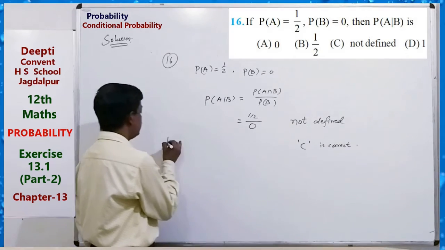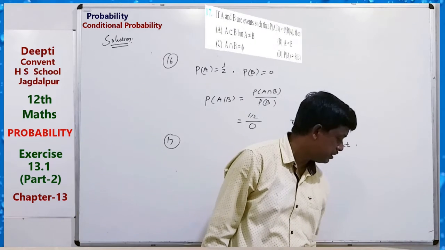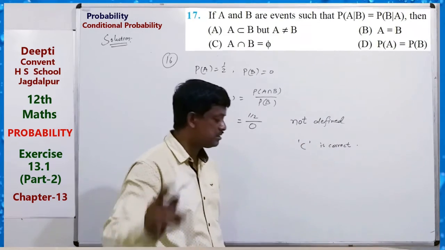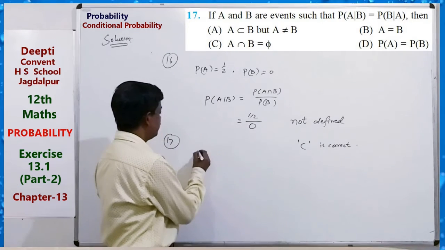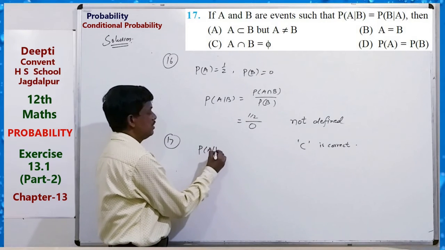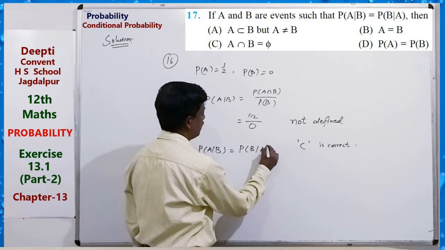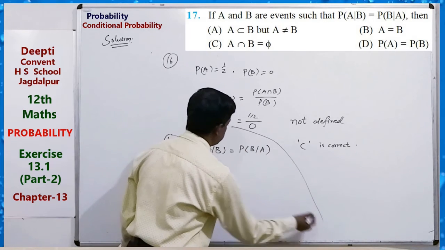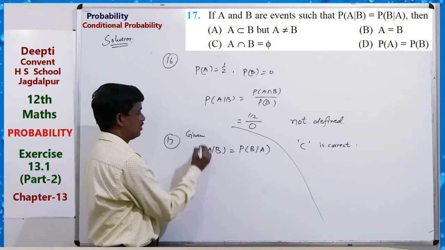Okay, 17. Question 17 is: let A and B be events such that P(A|B) equals P(B|A), then what? It is given that P(A|B) equals P(B|A).